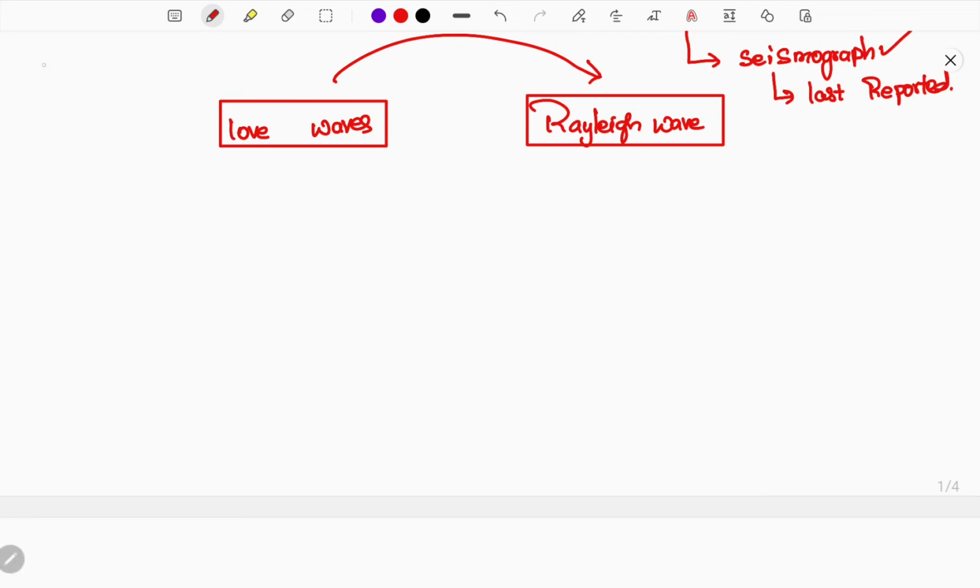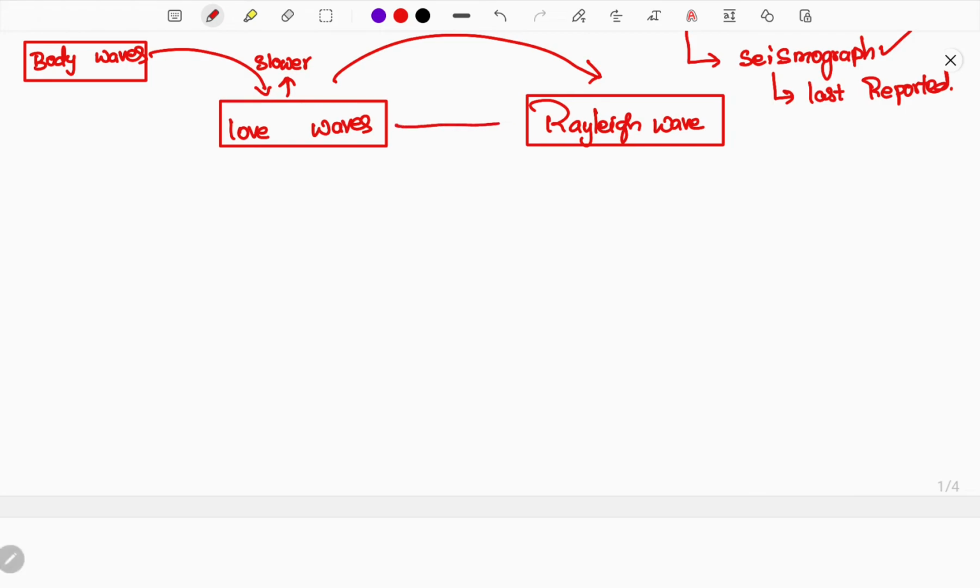Okay guys, come over here. When you are comparing to the body waves, this is slower, so love waves are slower. Now we know that comparatively, not only love waves but all surface waves are slower than the body waves.